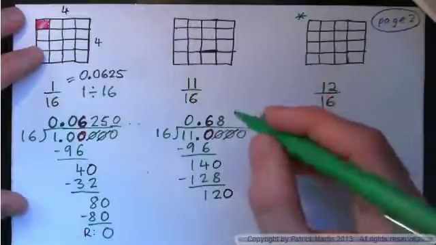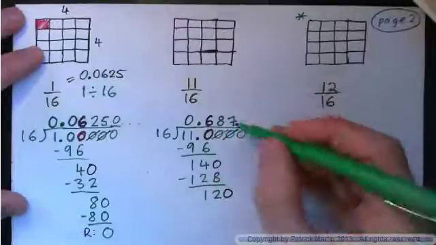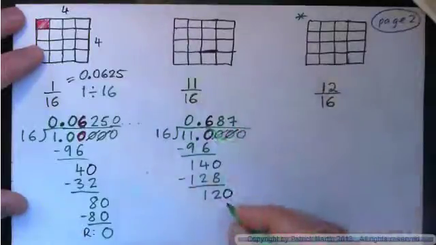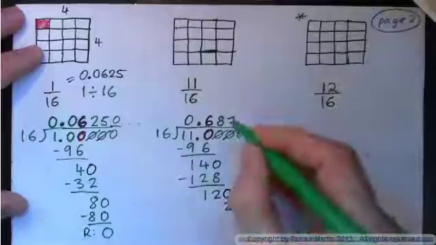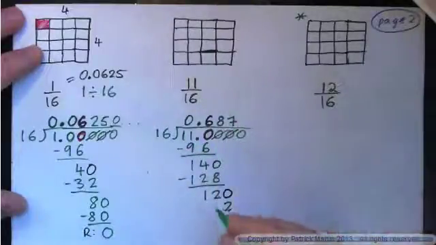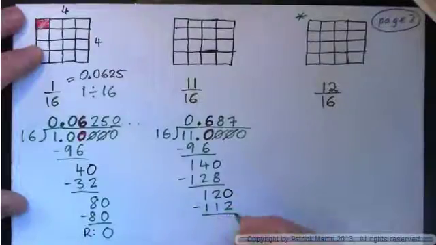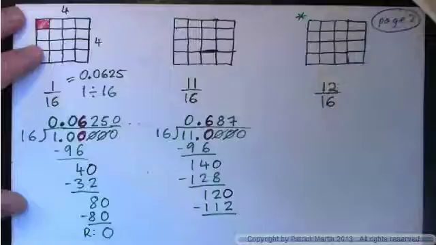Okay, let's see. I'm going to guess 7. 7 times 6 is 42 and carry the 4. 7 times 1 is 7 and add 4, 7 plus 4 is 11, and then subtract. 120 subtract 112. Do we get 8?